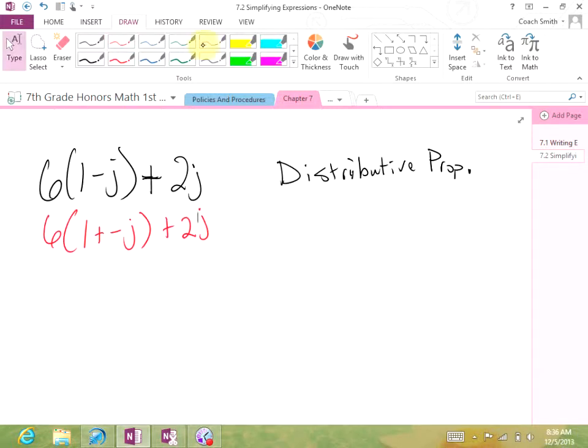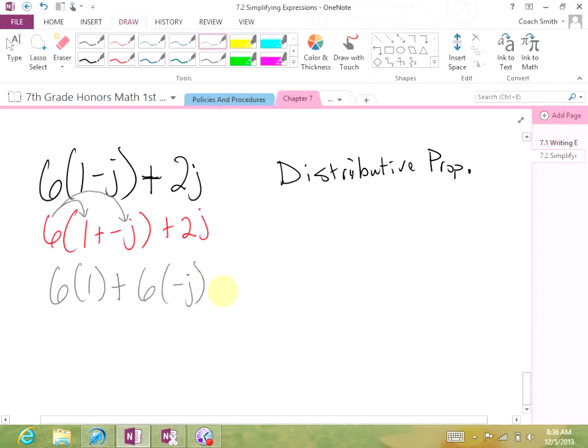Now I'm going to take and distribute the 6 to both things inside the parentheses. That gives me 6 times 1 plus 6 times negative j plus 2j.